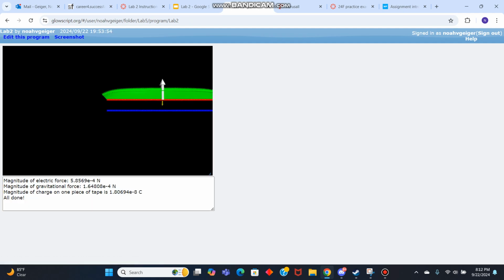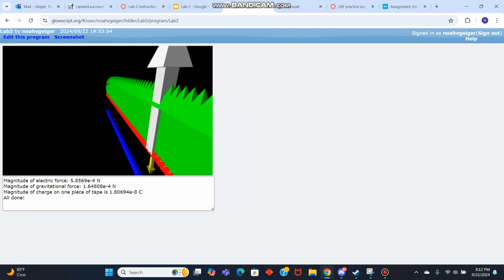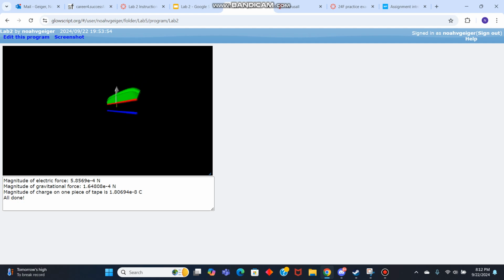And you can kind of see in the model all the charges are being added to one another, and this is going to help give us our results. Magnitude of the electric force is going to be 5.8 times 10 to the negative 4. Magnitude of gravitational force is going to be the same, which is what we expected. The magnitude of charge on one piece of tape is 1.8 times 10 to the negative 8.